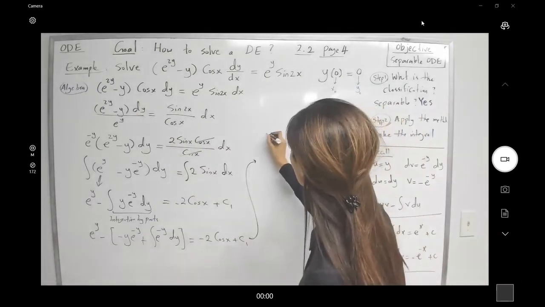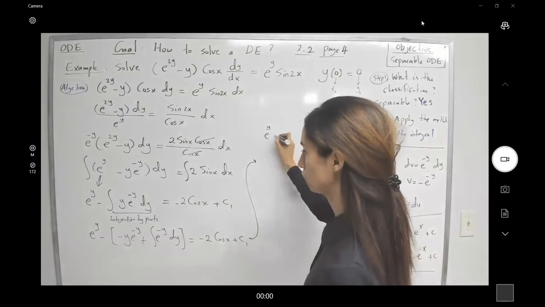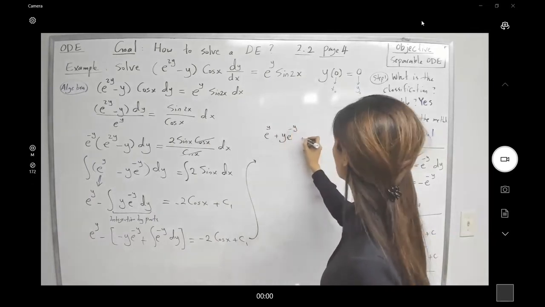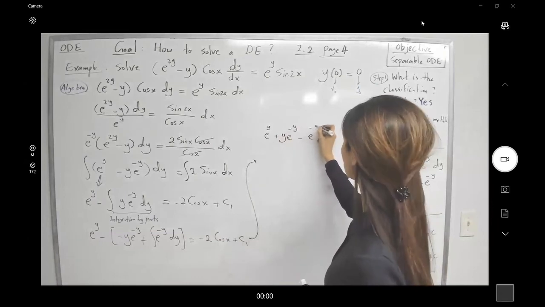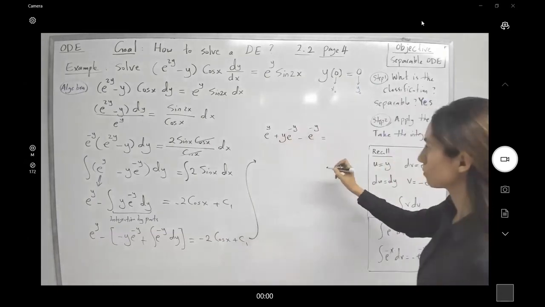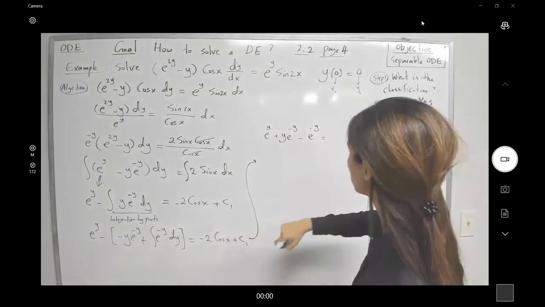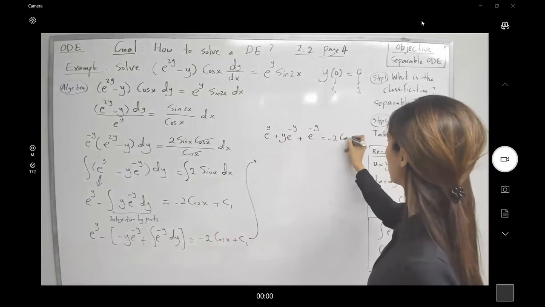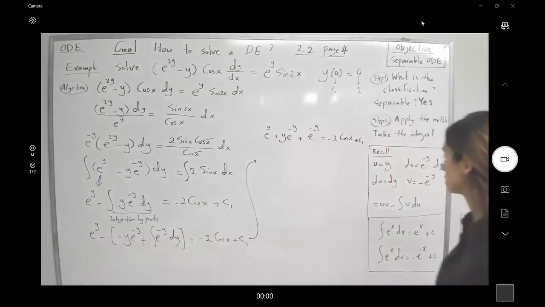We have e to the y plus y e to negative y minus e to negative y, which is equal to, and here if you take the integral, you get negative 2 cosine x plus c sub 1.